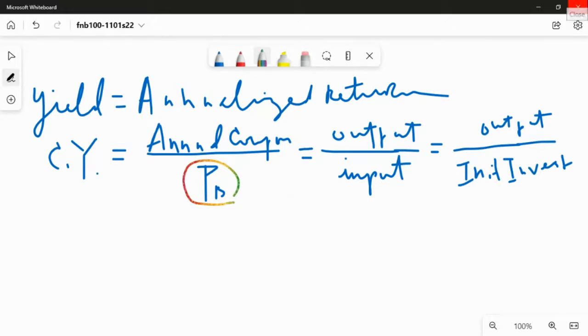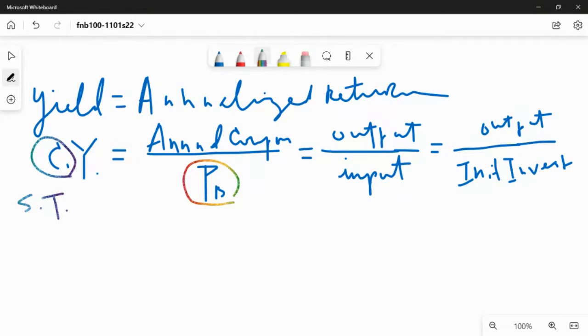And for that market price, and current means short term, right? We all know current means short term. And what's the maximum of short term? The maximum of short term is 1 year. So basically, what you can get from this bond for holding it for 1 year is quite obvious.